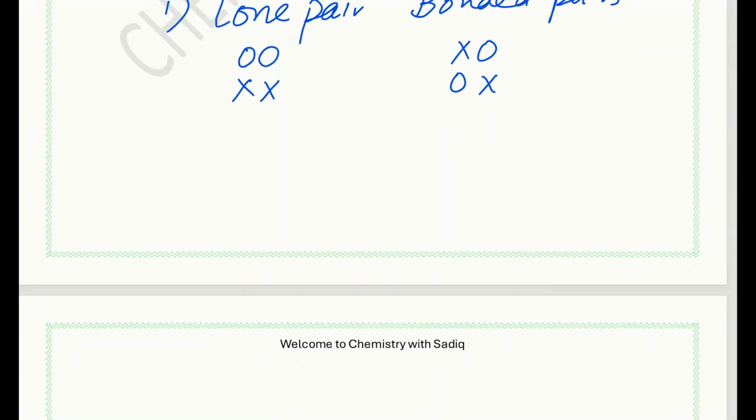So according to this concept, the lone pair occupies more space. There's more repulsion between them, right?